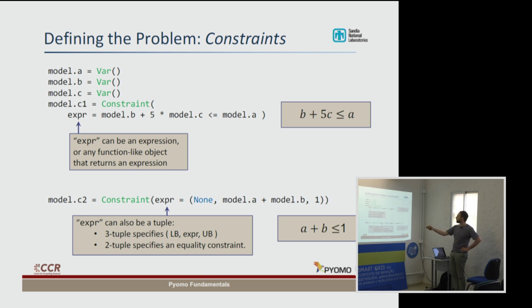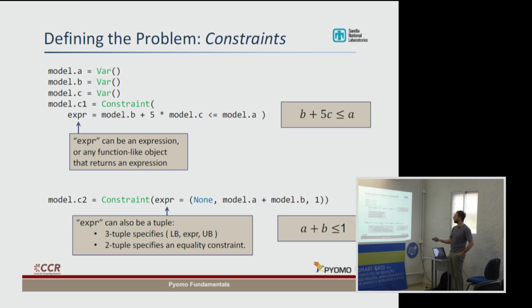So there is an expression here, a sign, and another expression. For instance, b plus 5c in this example smaller than a. Here we assume that b, c, and a are variables, right? But they may be parameters as well.